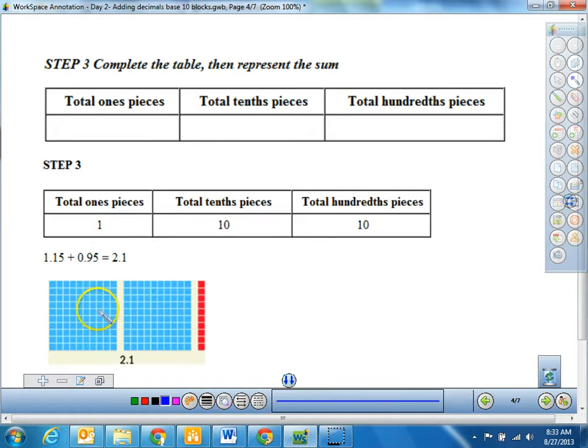So we just converted that to what looks like a blue block now. And we also know that 10 hundredths is the same thing as 1/10. So now we could represent our answer by putting 2 of the whole number blocks out there and 1/10. So when we have 1 and 15 hundredths plus 95 hundredths, we get 2 and 1/10.